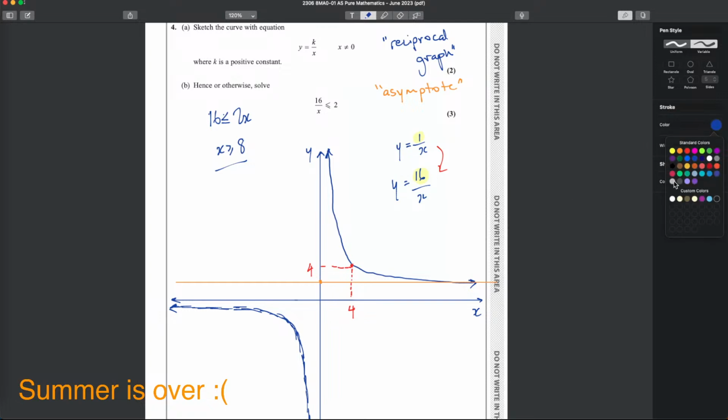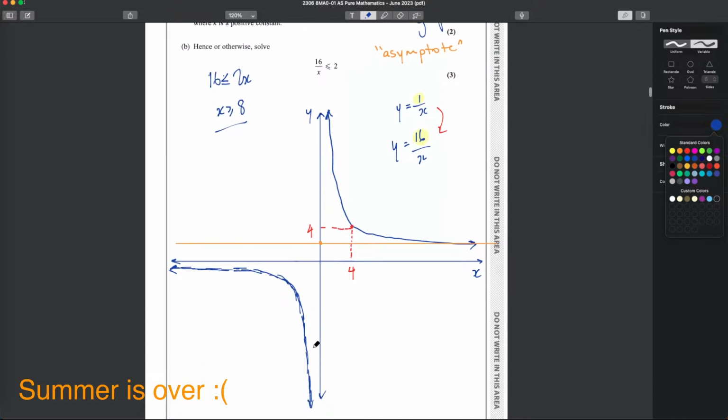So for this graph less than or equal to 2, x is greater than 8, but also this whole section will have to be included as well. So it's also x less than 0.